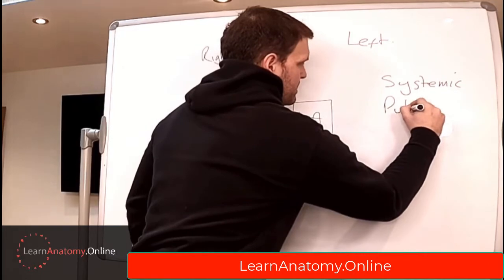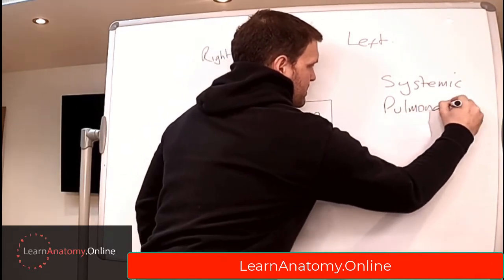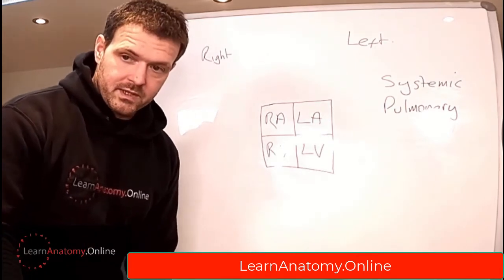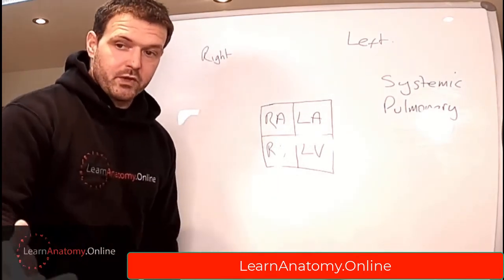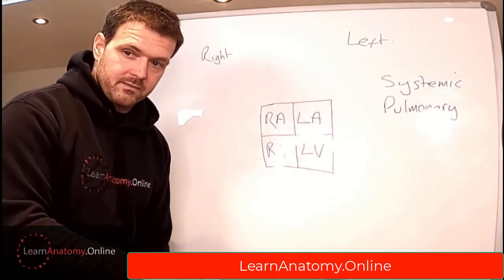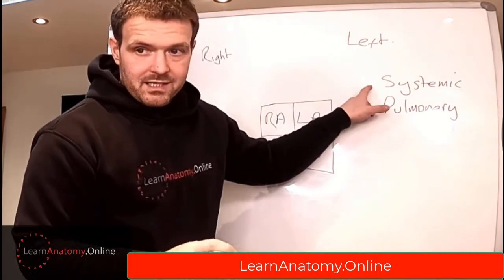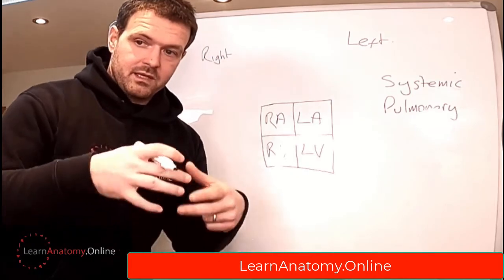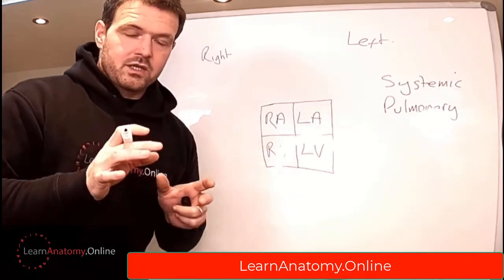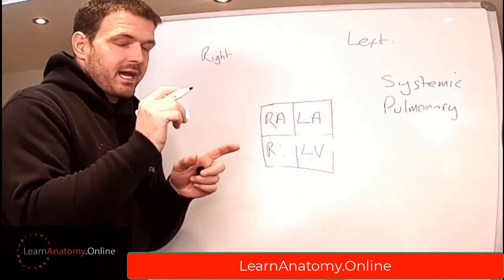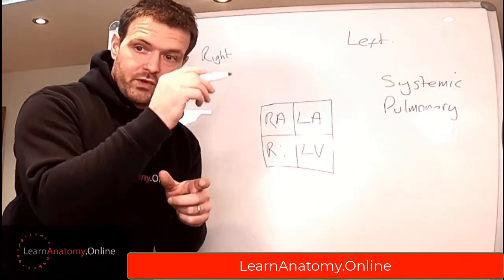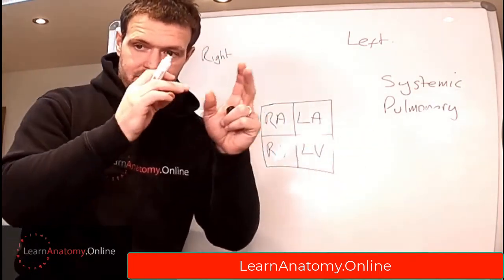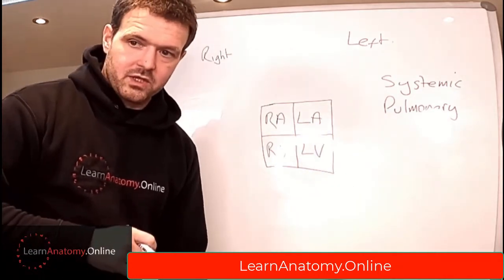And then you've also got the pulmonary system, and the pulmonary is to do with your lungs. Okay, so the systemic system is your whole body, and then the pulmonary system is your lungs. So your heart has a smaller pulmonary circuit, and then a larger systemic circuit, which goes to the whole body.